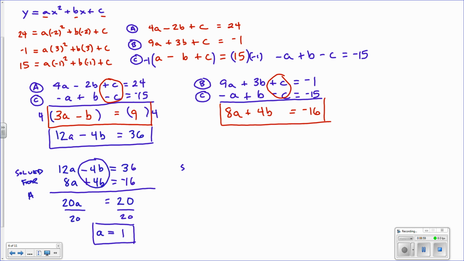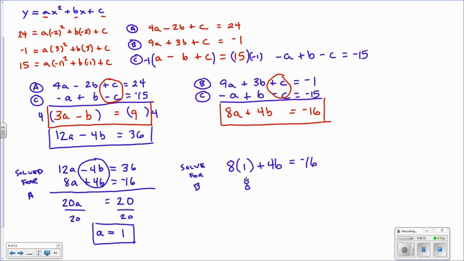Let's solve for b now that we know what a is. I'm just going to label in my work so you can follow along. So we're going to take our 1 and we're going to substitute it into one of these equations. So let's go ahead and I'm going to do the second one. So I'm going to say 8 times a, which is 1, plus 4b, it's written right above here if you forget, equals negative 16.